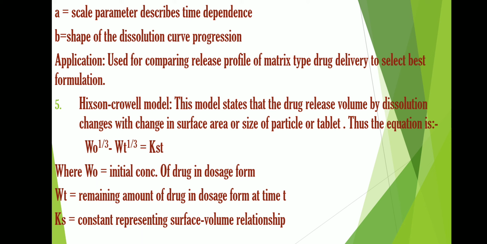After that, when after 10 minutes you will see the reading, that is total 30 minutes. After 30 minutes, assume that the concentration has decreased to 60%, so only 40% of the drug is remaining, you will see that the speed of dissolution is decreasing.